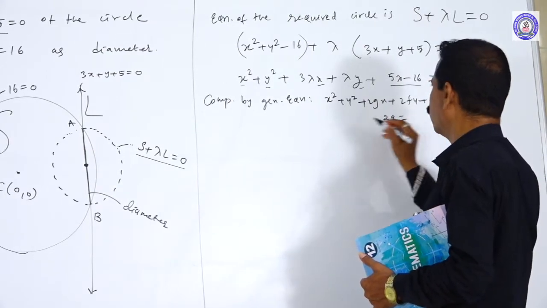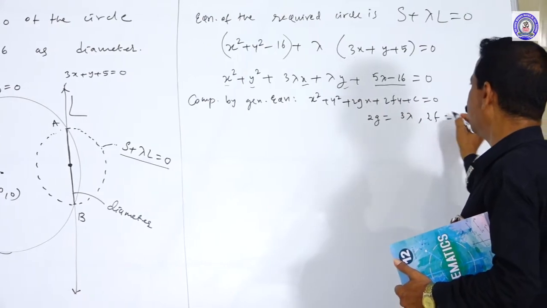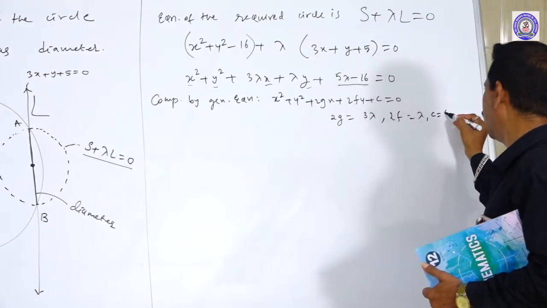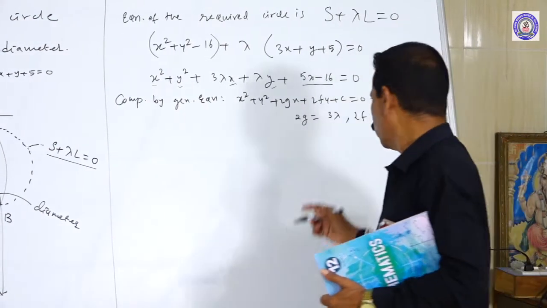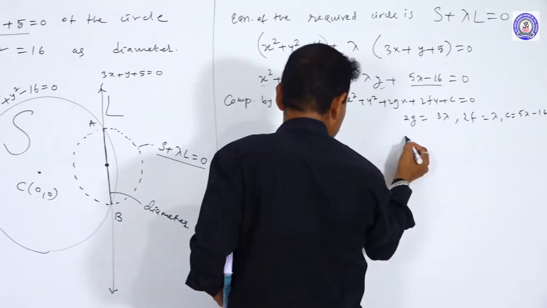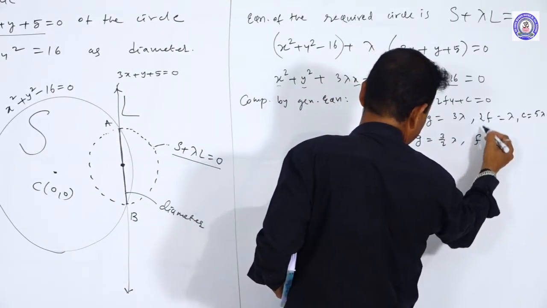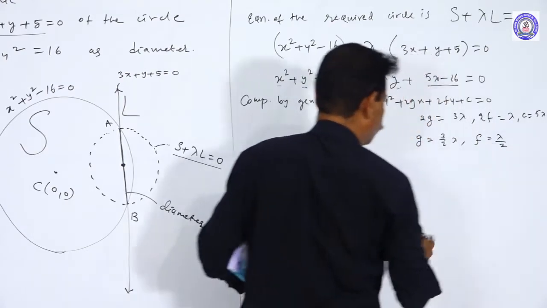Here 2g is equal to 3 lambda, and 2f is equal to lambda, and c is equal to 5 lambda minus 16. No need of c here. First find g, which is 3 by 2 lambda, and f is equal to lambda by 2.